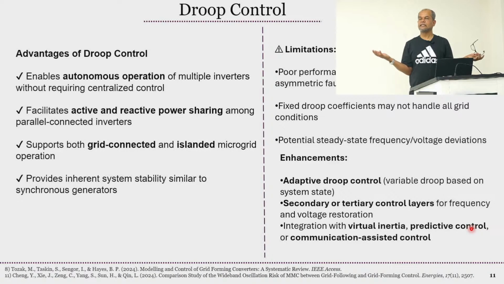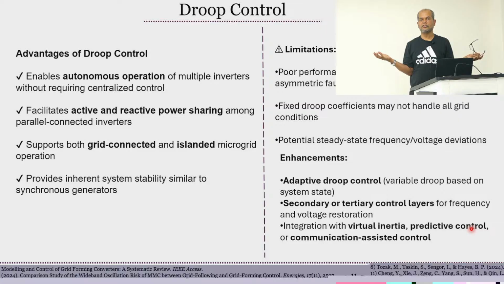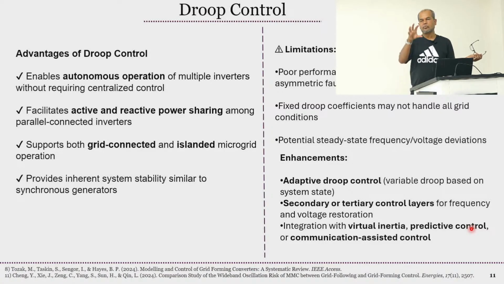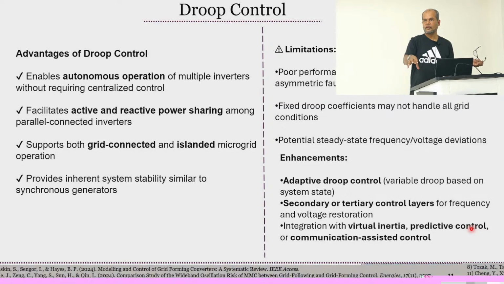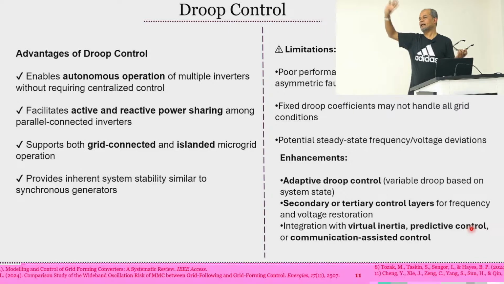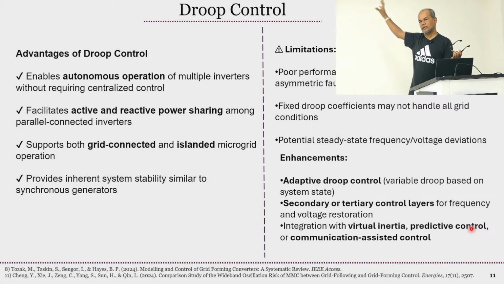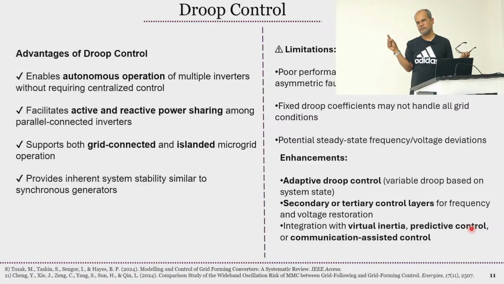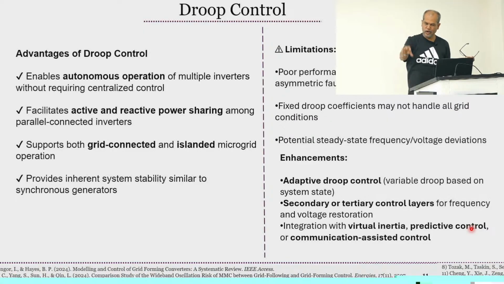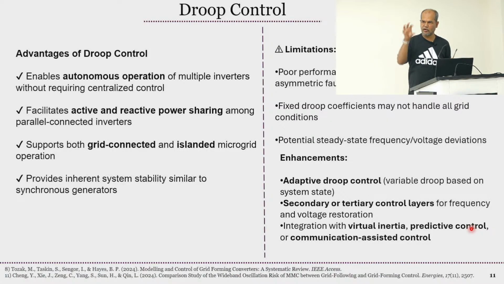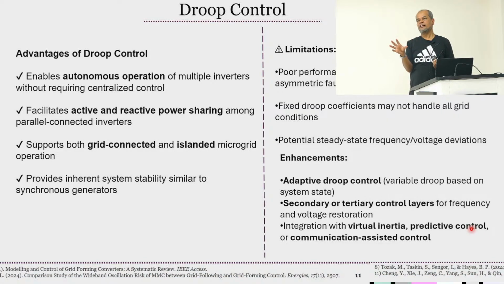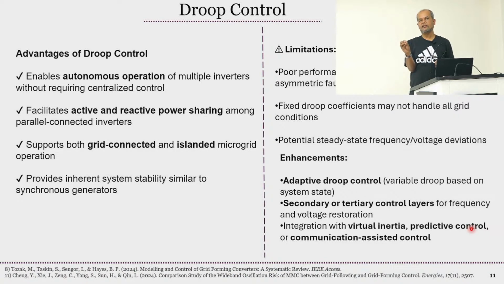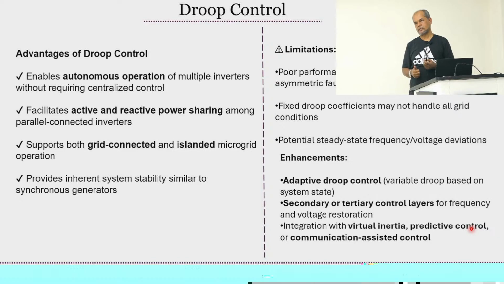With decentralized, you don't need communication, but the problem is that, for example, if you have one electrolyzer and another electrolyzer at another location, they cannot talk with each other. They only know what is happening in a particular location, so only based on the local signal will it produce the control action.